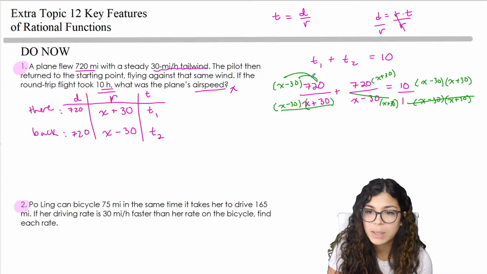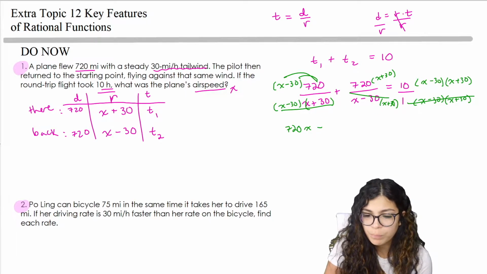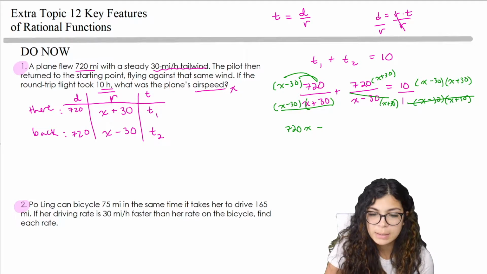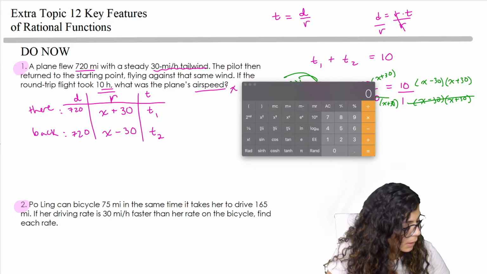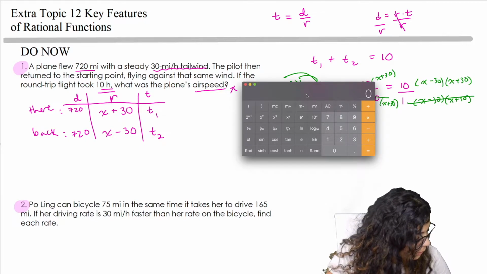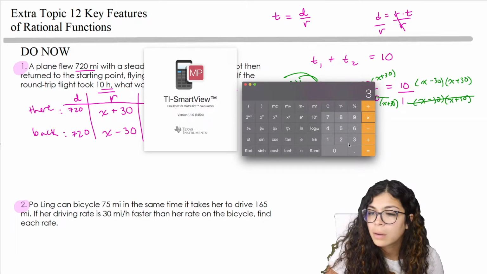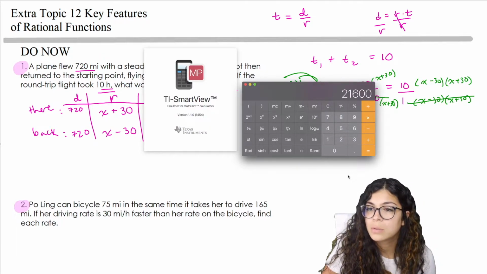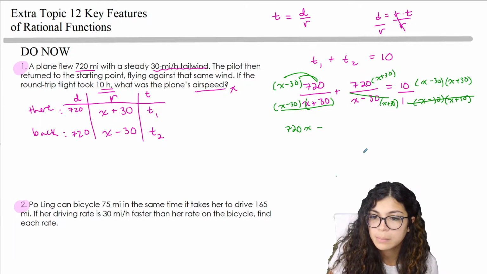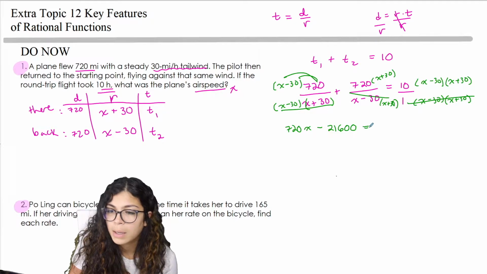We get 720x minus 720 times 30, which is 21,600.